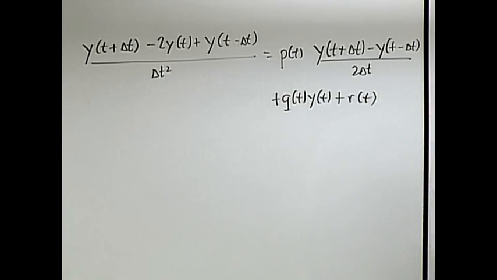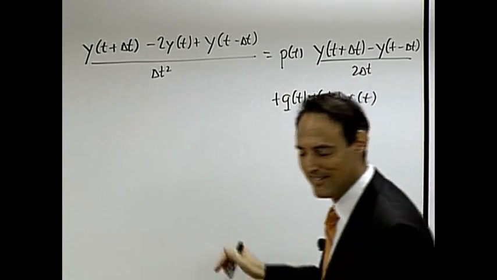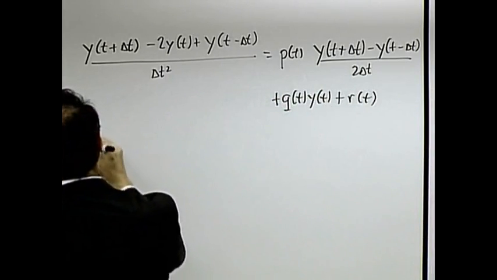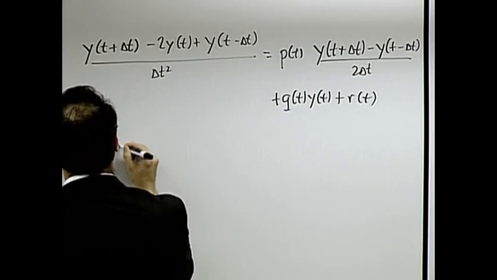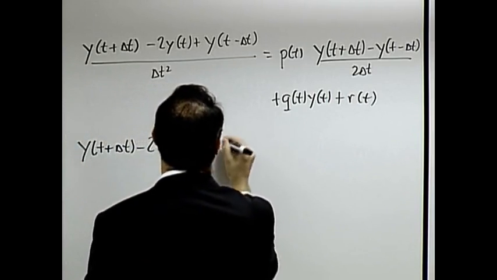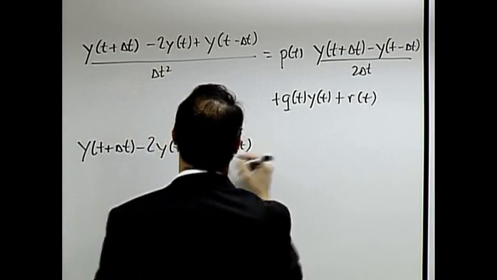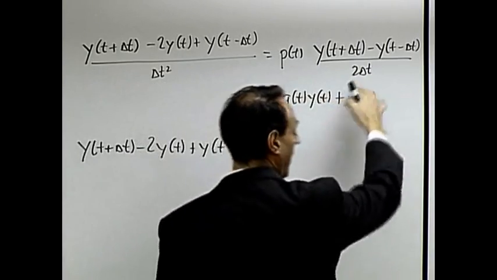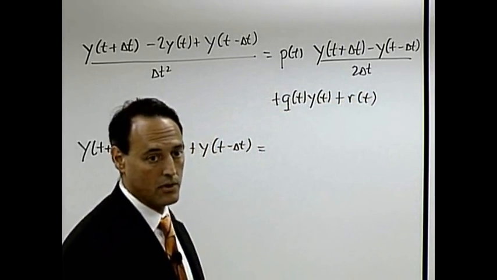Do you guys hate it when I just start erasing? All right, so I'll write the whole thing out. Multiply by delta t squared. What do you get? Left side, the delta t squared cancels off one of those, right?